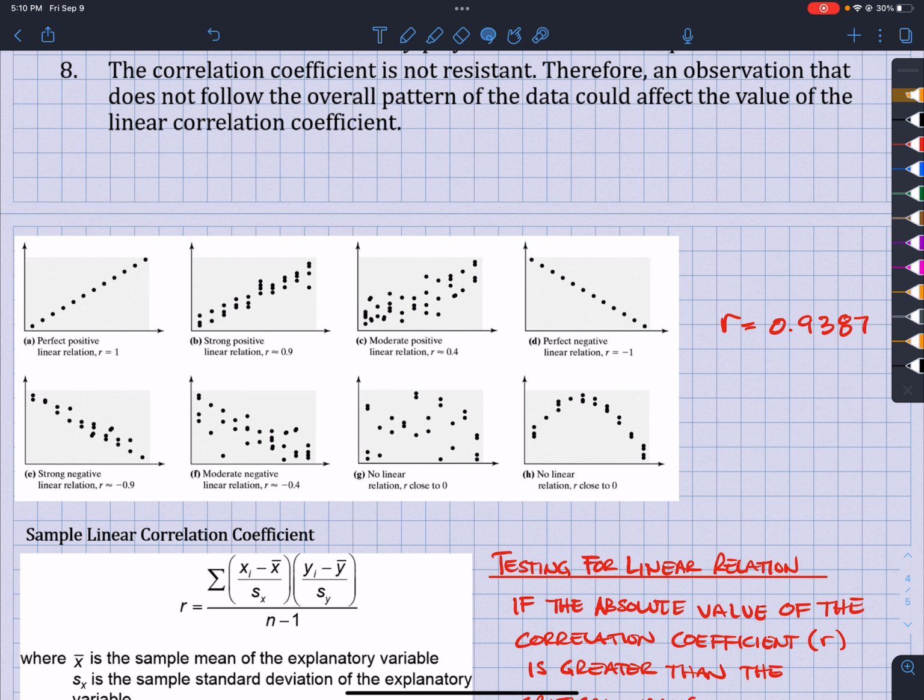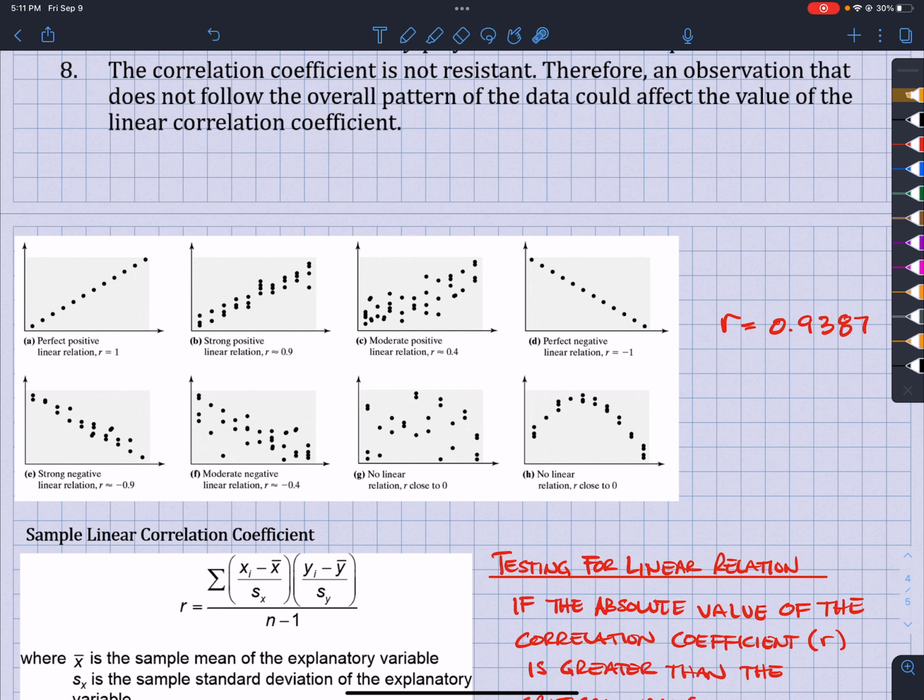And negative just means that the line is more in this direction, right? But again, if you notice the difference between here versus here, the data points are all more spread out. That's why it's going to be lower towards 0, where this is going to be closer to -1, okay, or further away from 0, right?